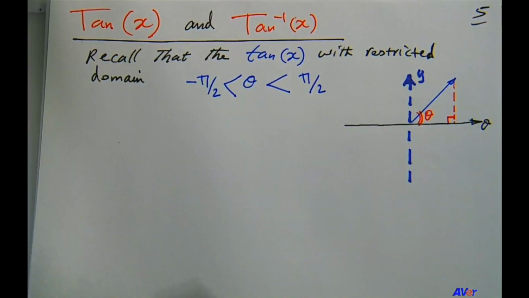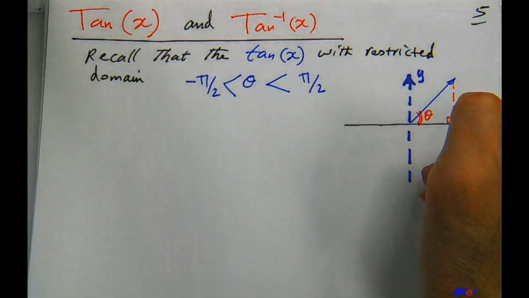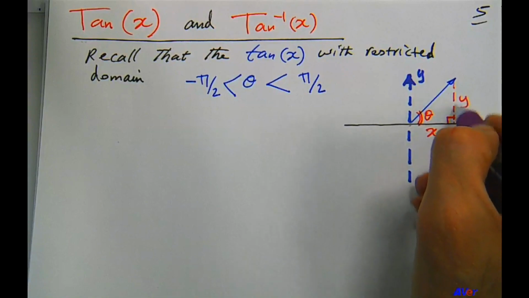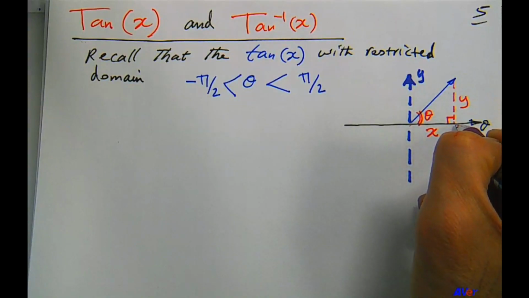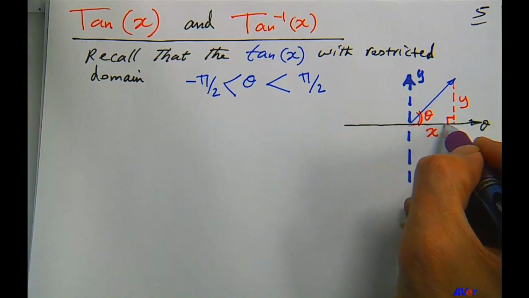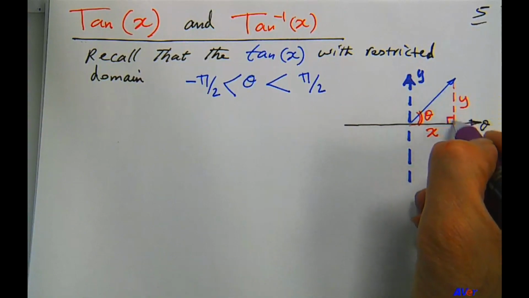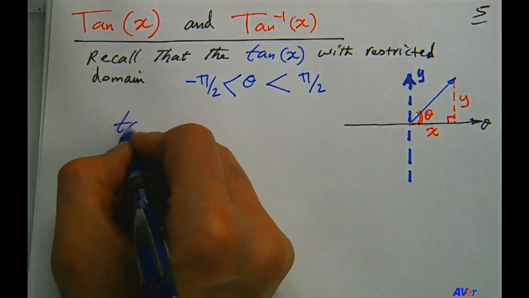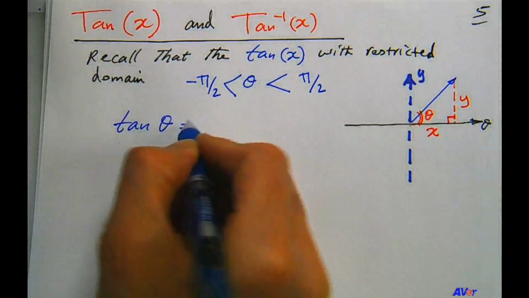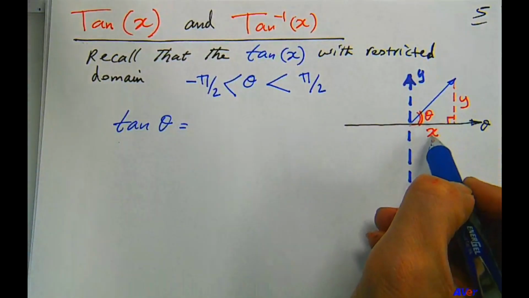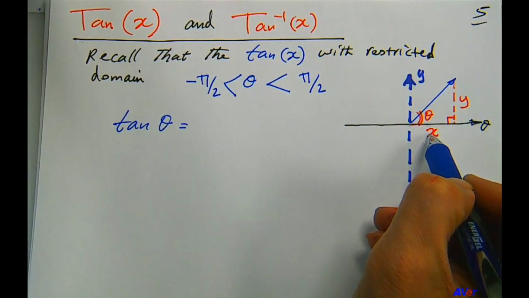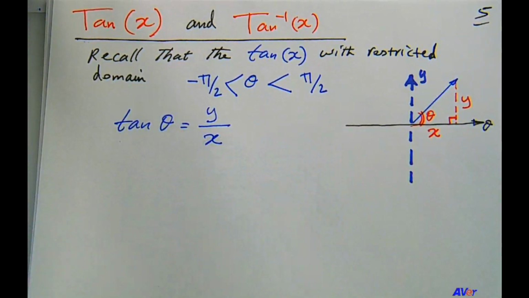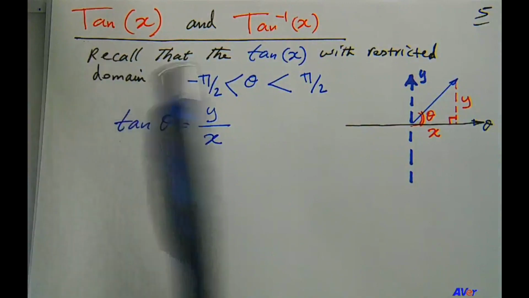Let me label this side as x and this vertical side as y. So from here to here is x, and this is y. Then tangent of theta is equal to the opposite divided by the adjacent, so y over x.